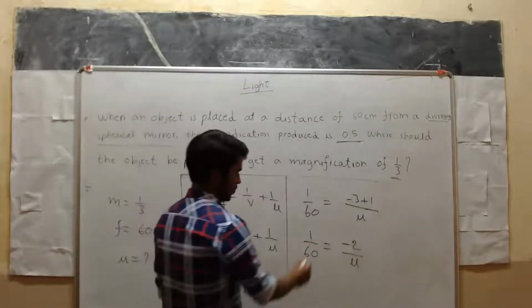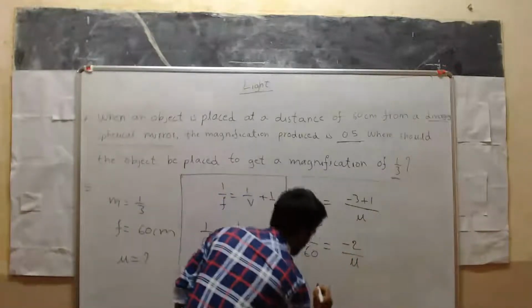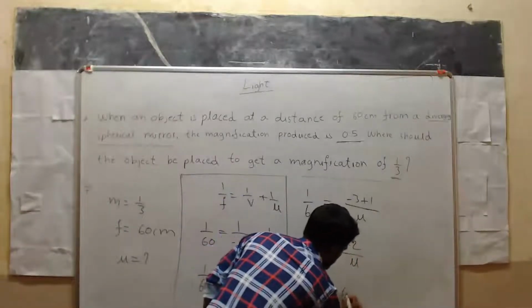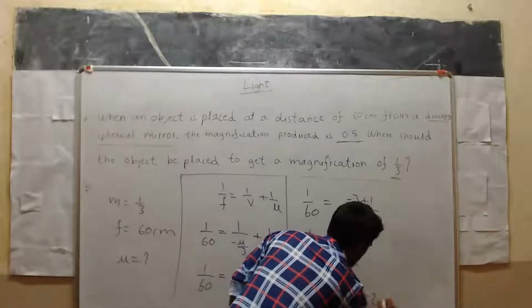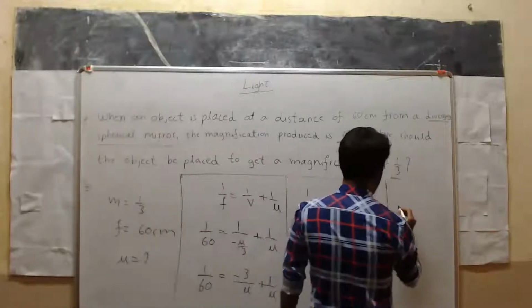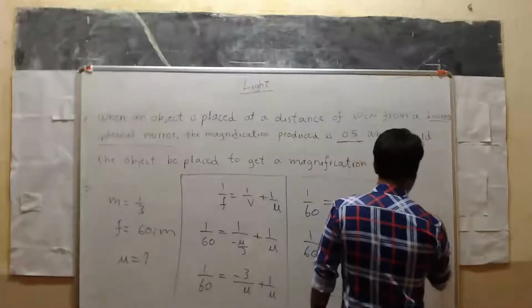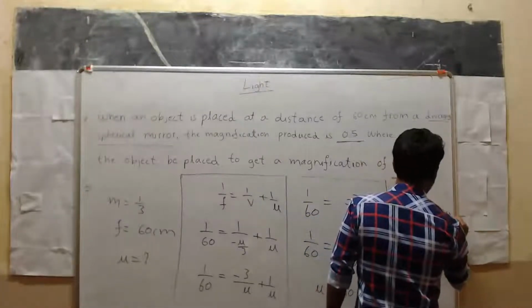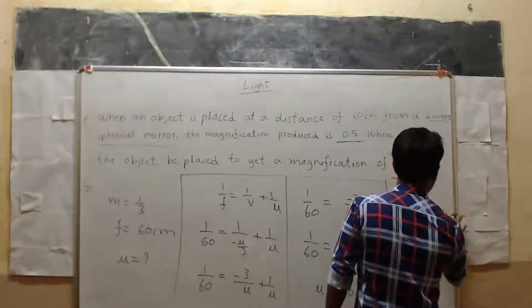Okay. So now bring 60 this side, u this side. That is u is equals to 60 into minus 2. So u is equals to minus 120 centimeter.